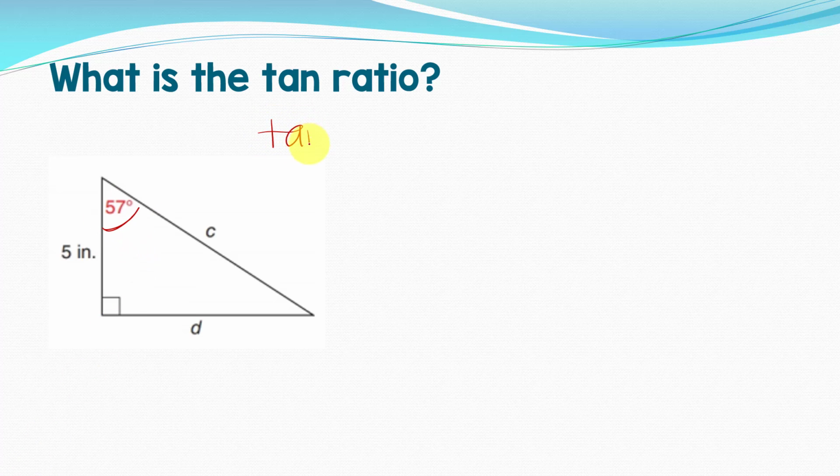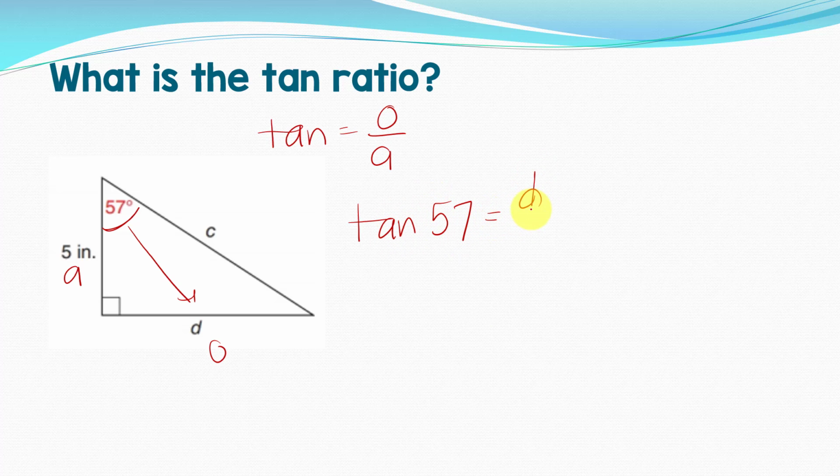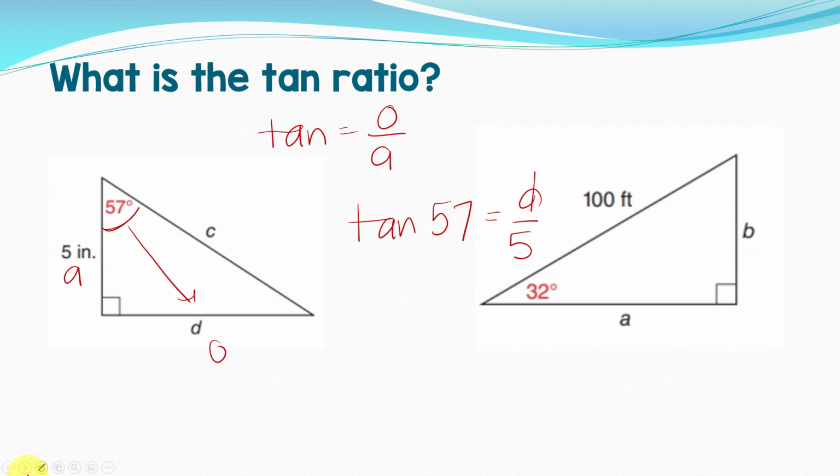Again, for 57 degrees, tangent is opposite over adjacent. Opposite is d, adjacent is 5. The tangent of 57 equals opposite over adjacent. Okay, this one, opposite, adjacent: tangent of 32 equals opposite over adjacent.